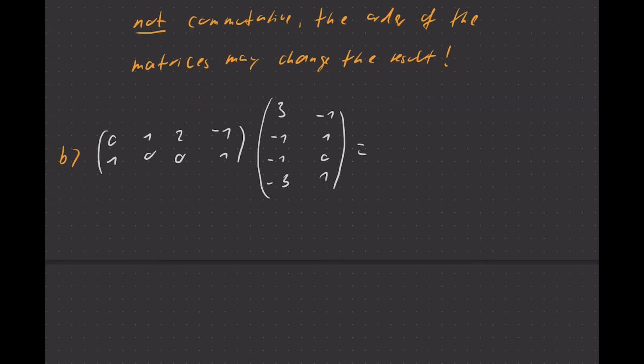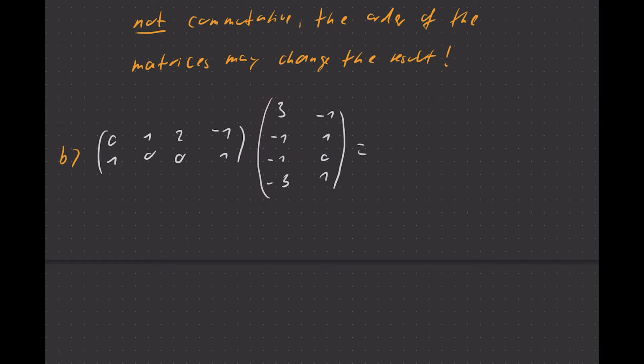So what is the result of this multiplication? We have 2 rows here and 2 columns here. So the resulting matrix is going to be a 2 by 2 matrix. Let's start with the first row, this one here, and we multiply this with the first column here.